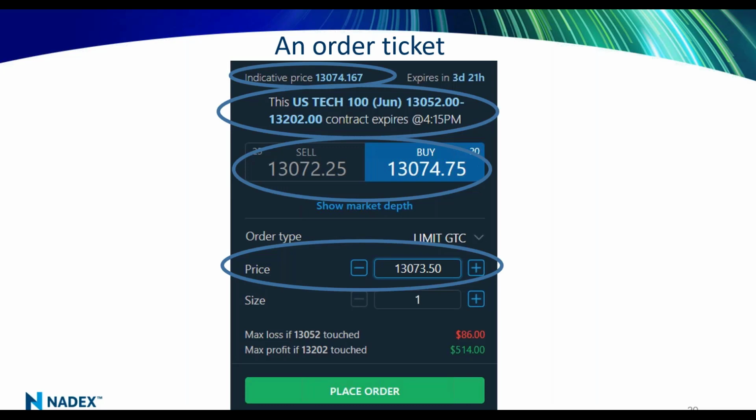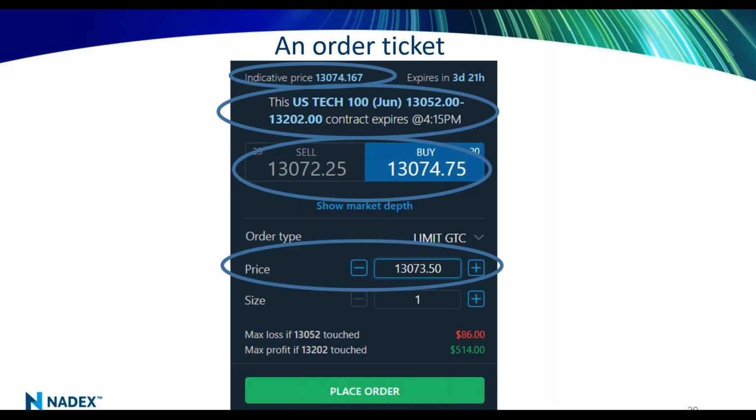The indicative price, the price of the binary, the bid and the ask on the knockout, it's right around the indicative price. It's straightforward. You're trading the underlying price, and the bid and the ask are generally going to be right around the current indicative price.